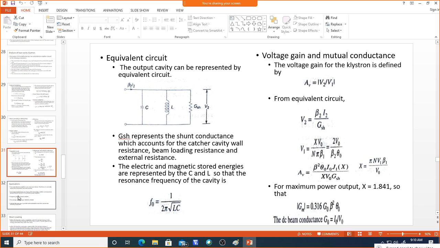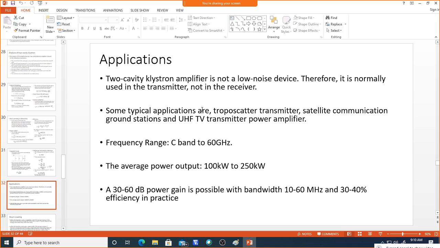Now coming to the applications of this two cavity klystron. It is not a low noise device, because of the cavity resonances it becomes slightly noisy. Therefore it is normally used in the transmitter, not in the receiver, because in the receiver low noise amplifiers are used.